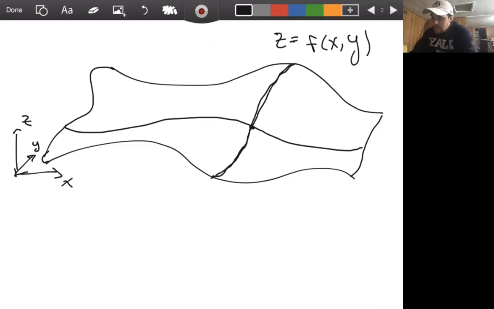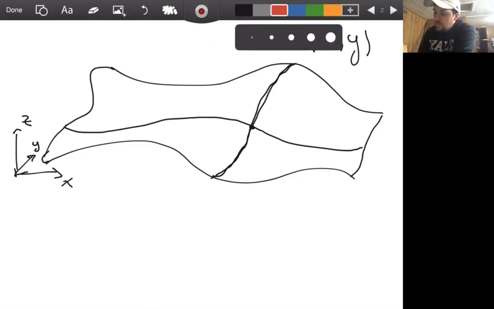Here. And now what we want to do is ask the following question. Well, now what's the instantaneous rate of change in the x direction? And what's the instantaneous rate of change in the y direction?